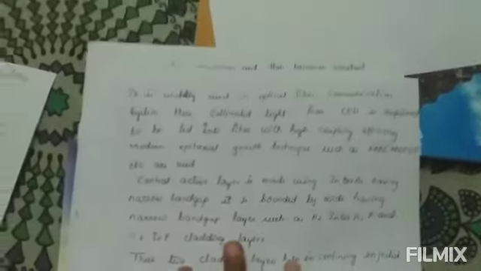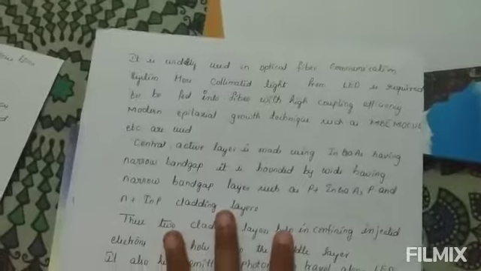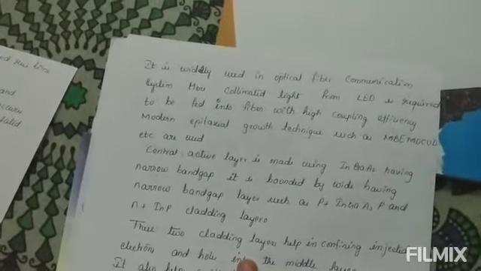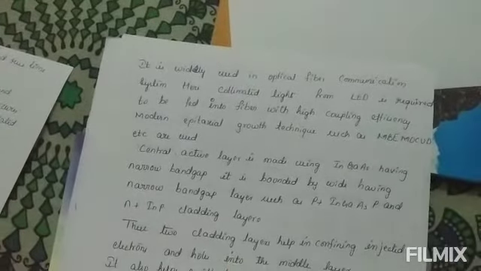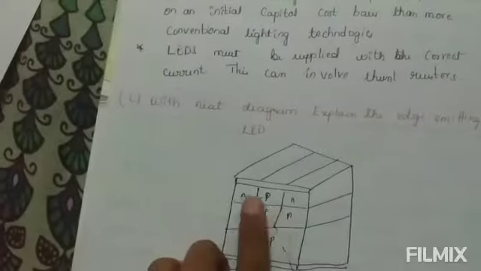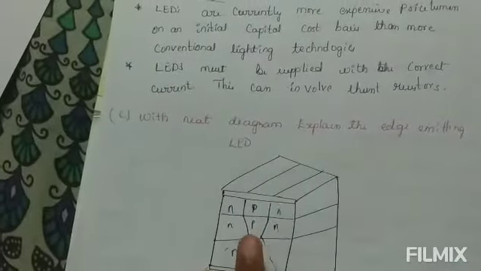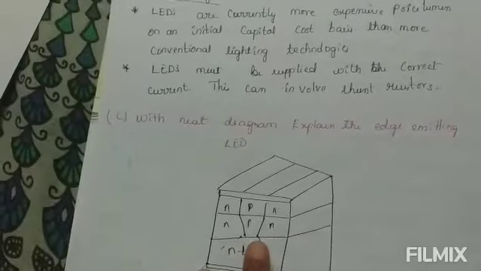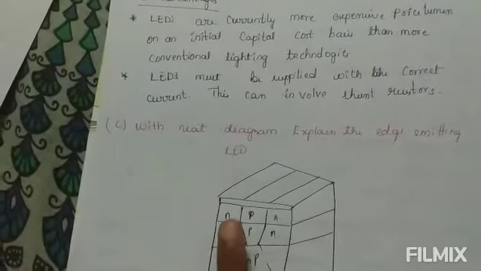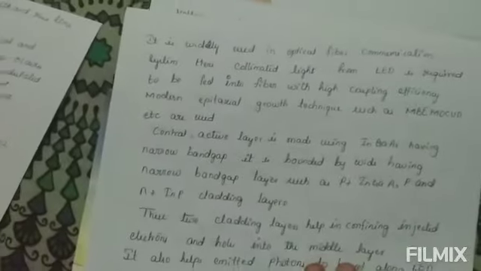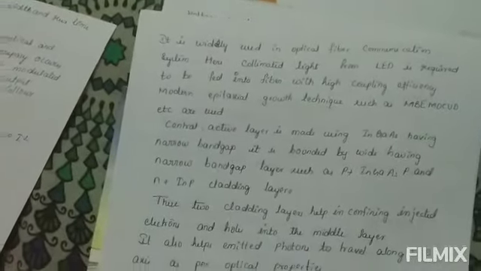Edge emitting LEDs are mainly used in the communication process, and the edge emitting LED consists of a P layer and an N layer, an N-P-N LED. The N layer and the P layer are very important in the edge emitting LED. So the edge emitting LED consists of a central active layer.